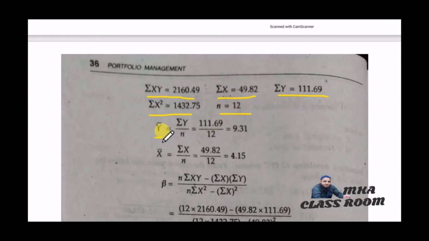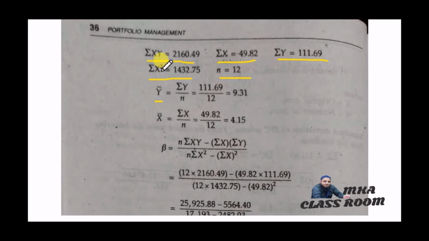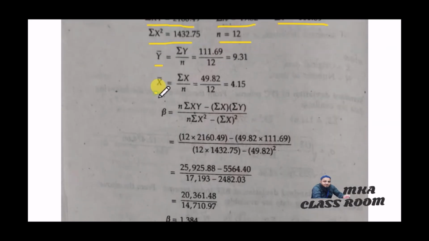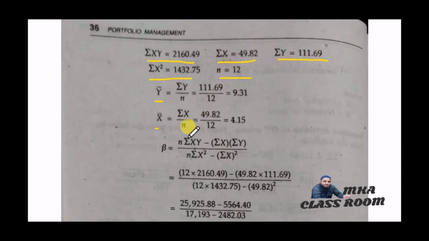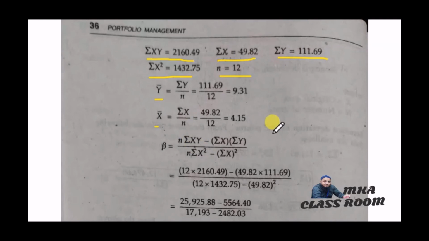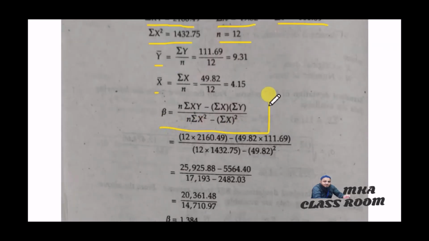Then here only one thing is new, y bar, that means summation y divided by 12, and x bar, summation x divided by 12. Here is the value. Then we usually use our beta formula.